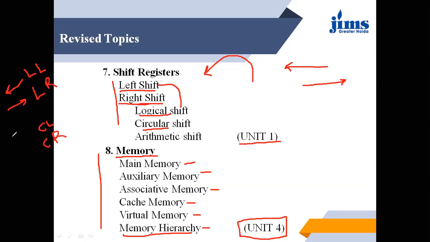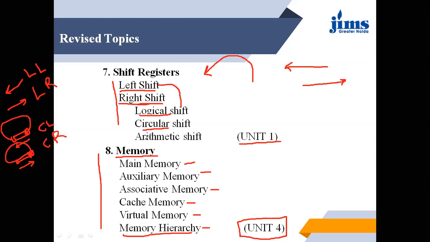In circular left, the values are changed from right to left, but the leftmost bit changes from this position to this position, meaning the last bit goes from last to first. And in circular right, it is from left to right, but the last bit, or we can say the first bit, is changed from this position to this position.